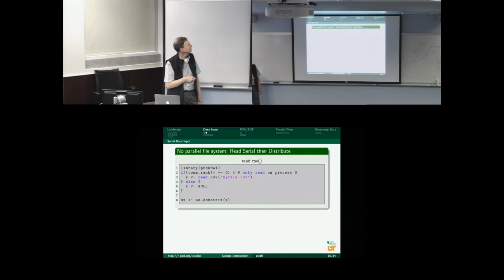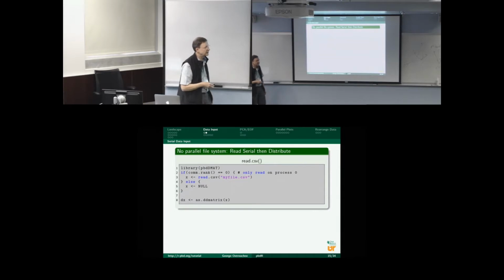And if you are core 0, then you're going to read the file. Else, you'll just give it NULL. And then the function as.ddmatrix will do the right thing and distribute the matrix out correctly as needed, using certain defaults, I guess, at this point.